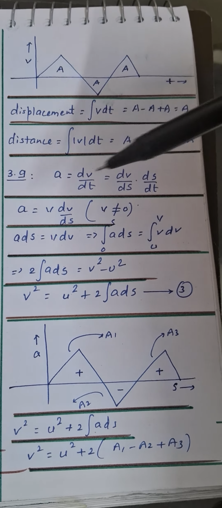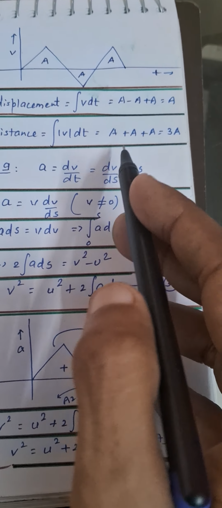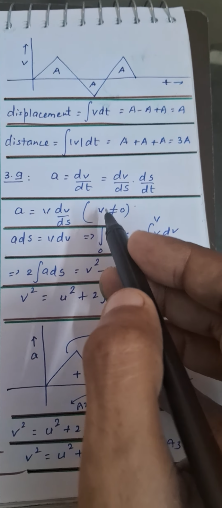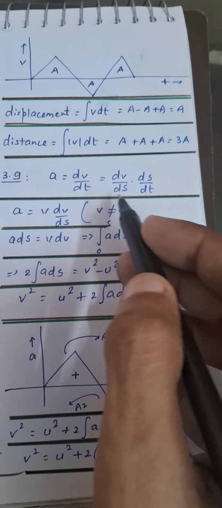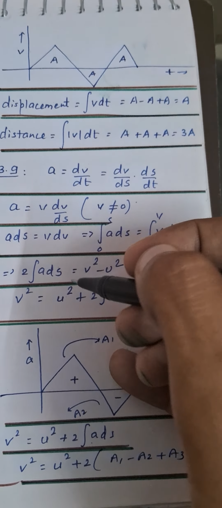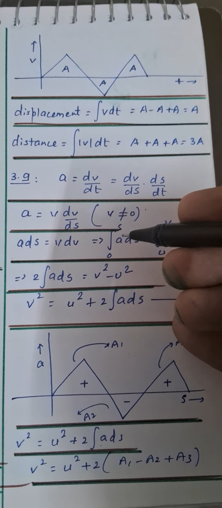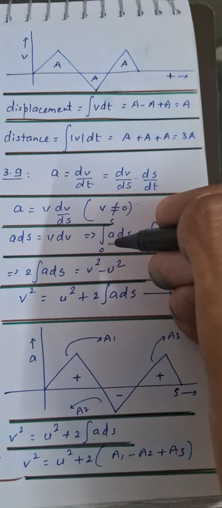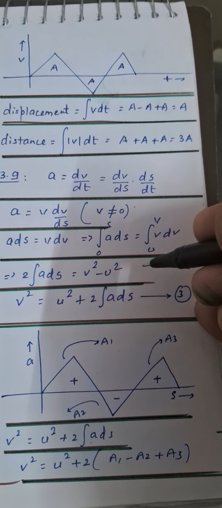Now there is one important application that a is equal to dv by dt. So it can be written as dv by ds into ds by dt. I assume that velocity is not 0, so that this ds is not 0 and this mathematical function is well defined. So we have a ds is equal to v dv. So just integrate that and we have integration of a ds from 0 to s as integration of v dv from u to v.